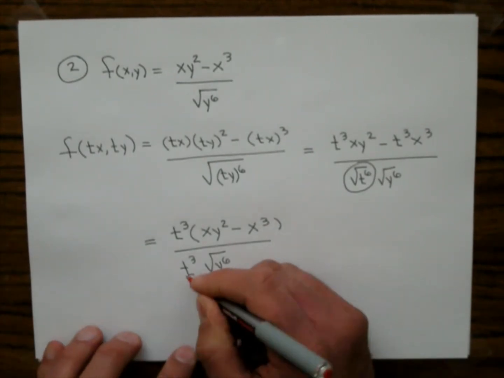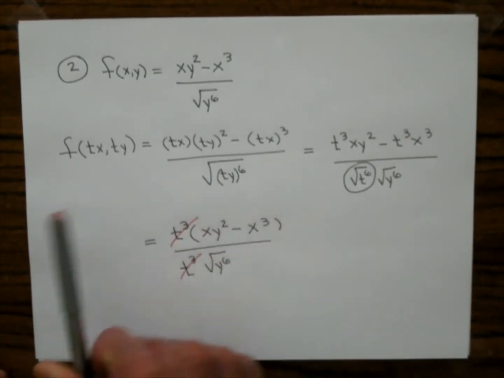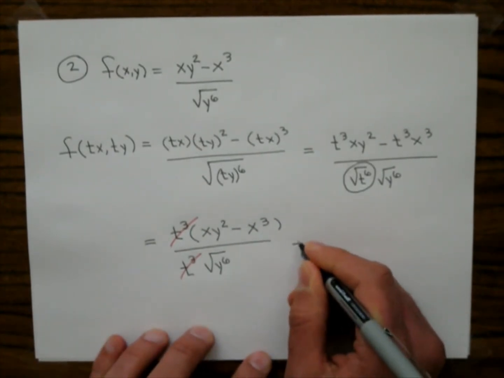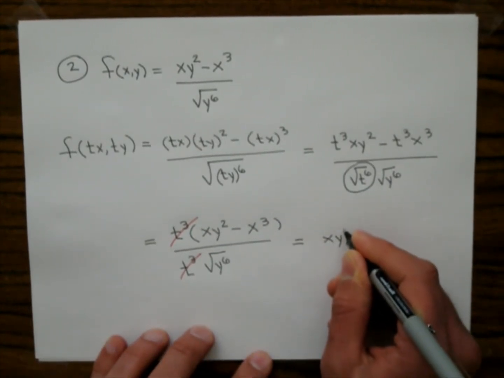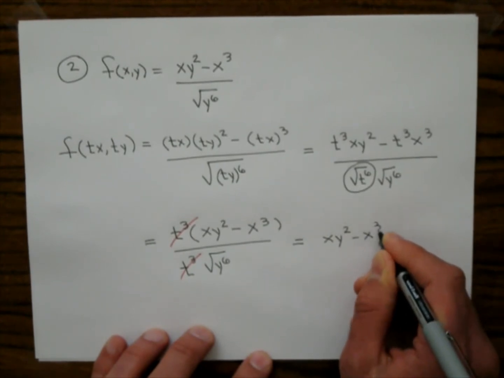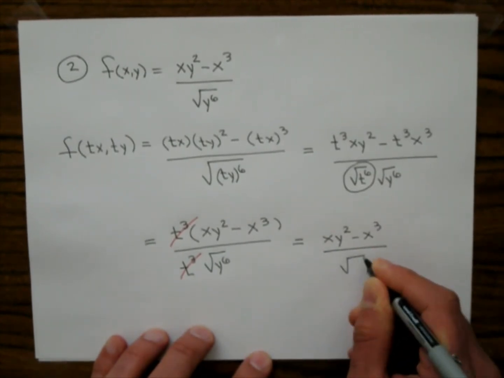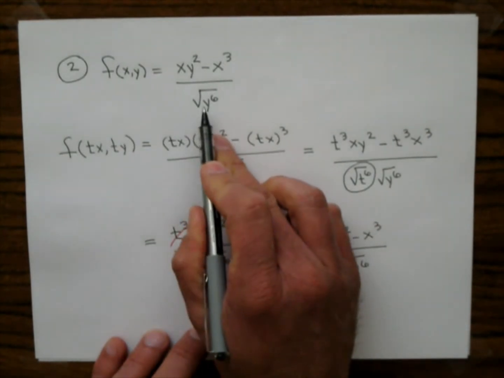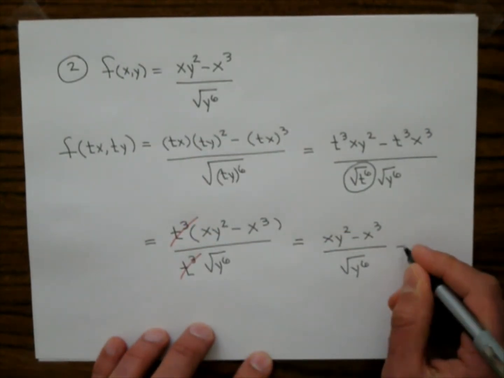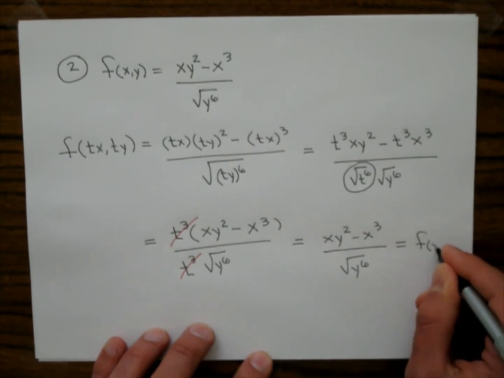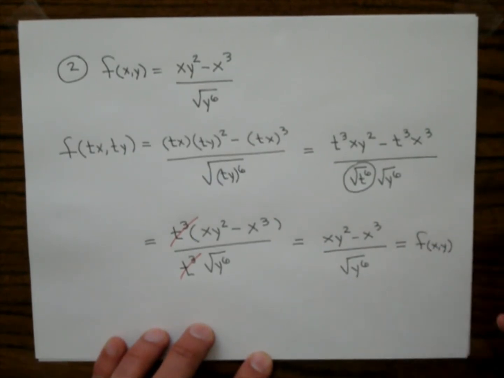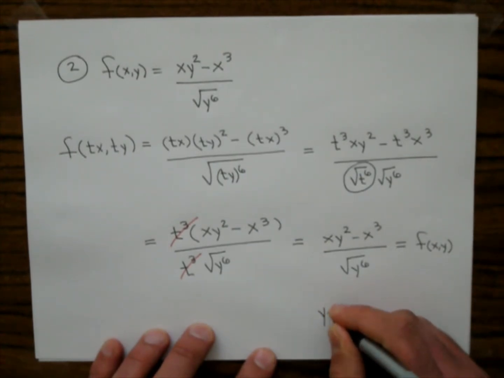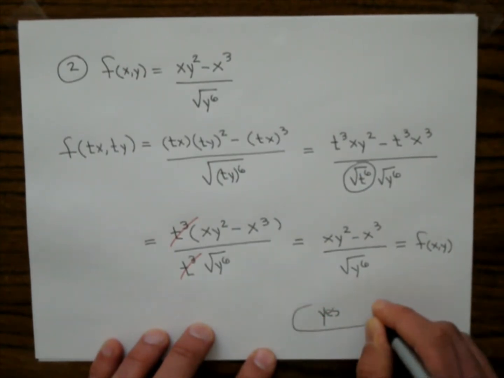Well, in any case, the t cubes cancel, and you end up getting x y squared minus x cubed all over the square root of y to the sixth, which is exactly our function. All the t's went away. This equals f of x, y. And the question, is f homogeneous of degree 0? We're going to say, yes, it is.